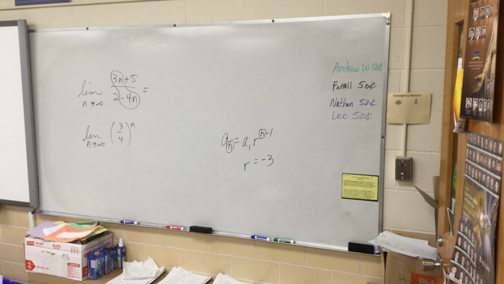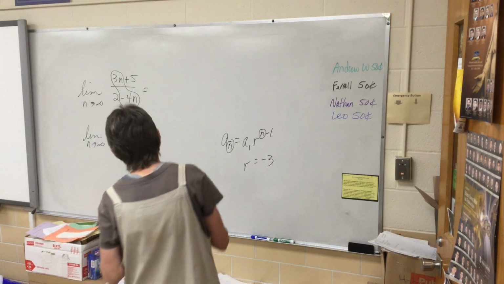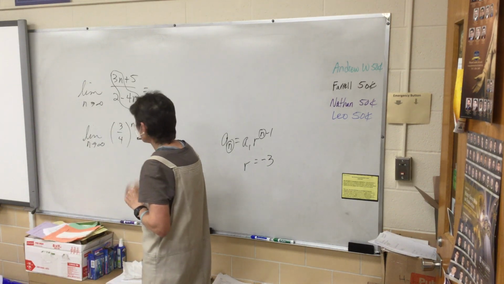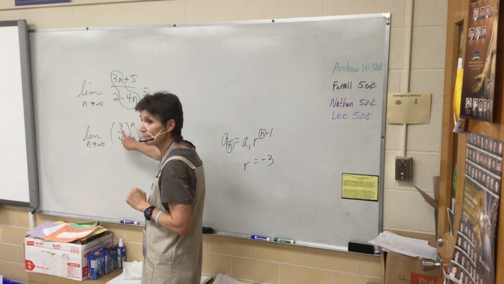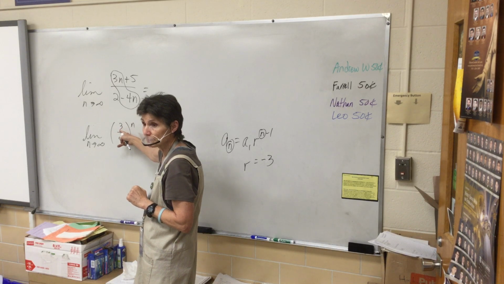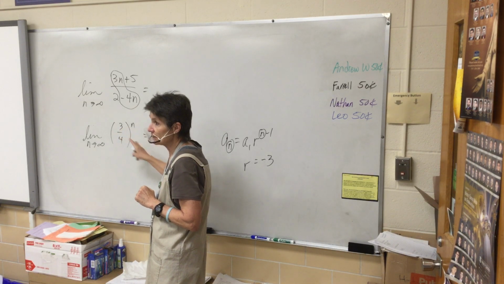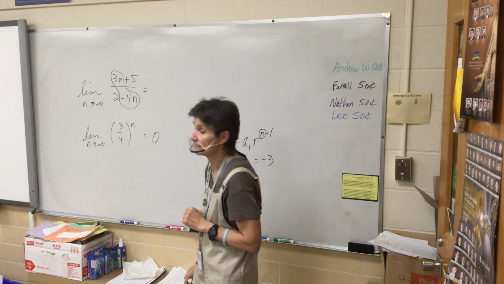Less than 1. And if the number is less than 1, then the limit is 0. If this had been 4/3, then it would be no limit, or divergent.